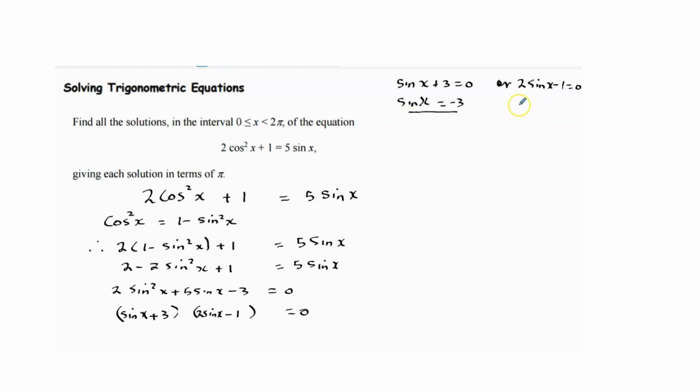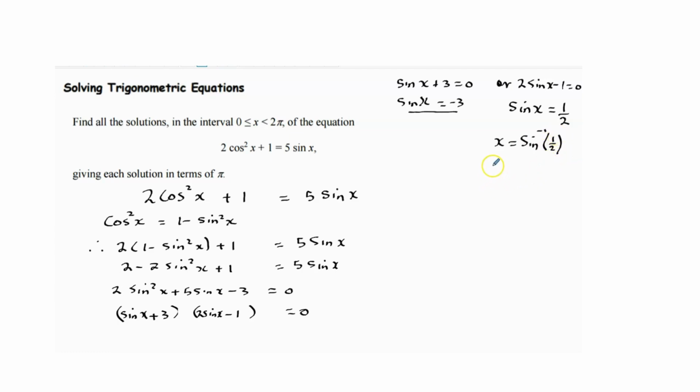So upon solving this, we have sine x equals 1 over 2. So let us draw our quadrant diagram, and then we can determine the values of x. So here x would equal the inverse of sine a half.